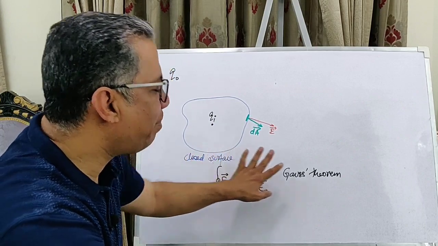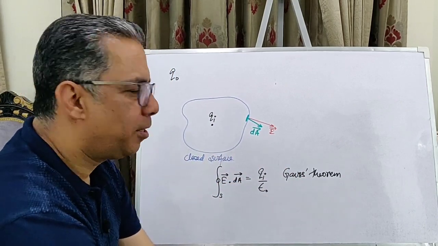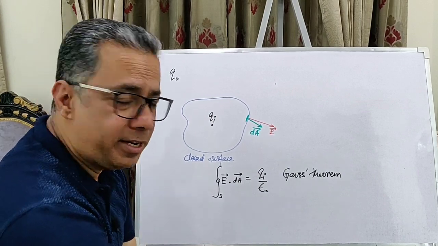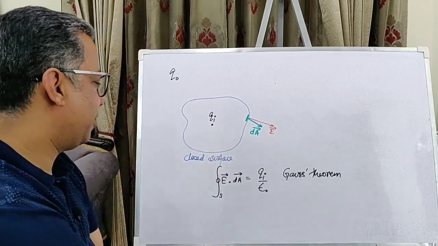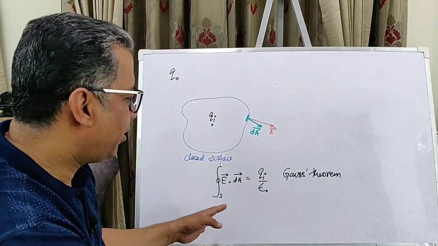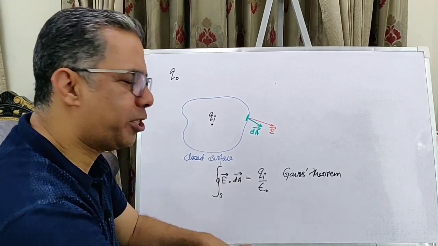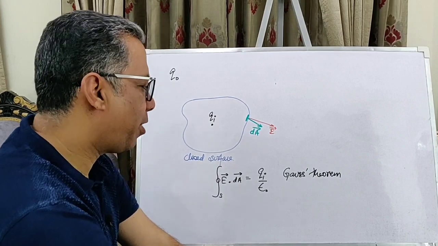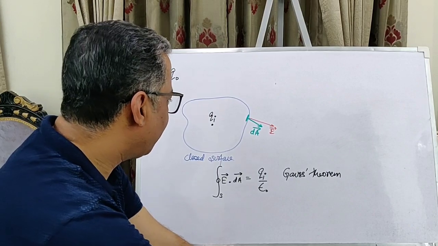This was adapted in electrostatics by Maxwell, who did pioneering work on the theory of electromagnetism, and therefore this is actually Gauss's theorem, but a version that was modified by Maxwell for adaptation in electromagnetism.